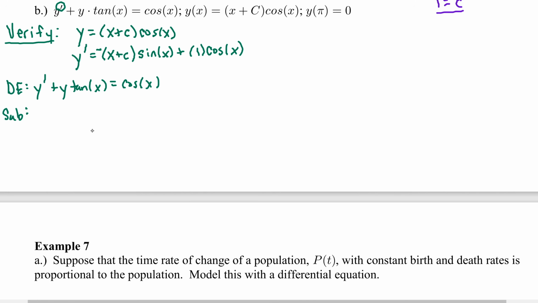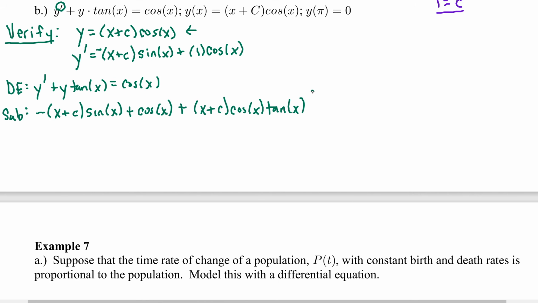So looking at the first term, y prime, we're going to replace it with what we determined for y prime: negative parentheses x plus c sine of x plus cosine of x. The second term is y times tangent of x. We're going to replace y with x plus c cosine of x, and remember, we had an extra tangent of x factor in the given differential equation. We want to find out, does this balance out to give us cosine of x?